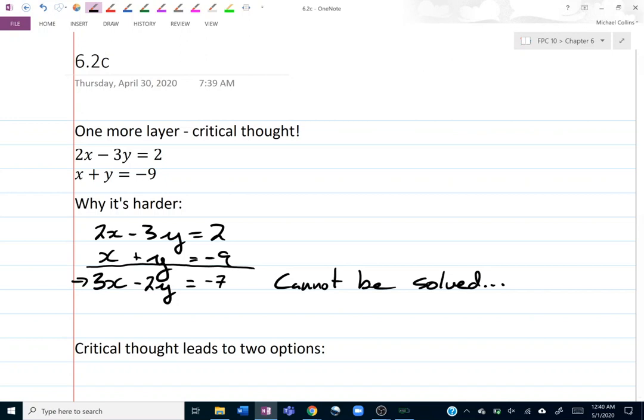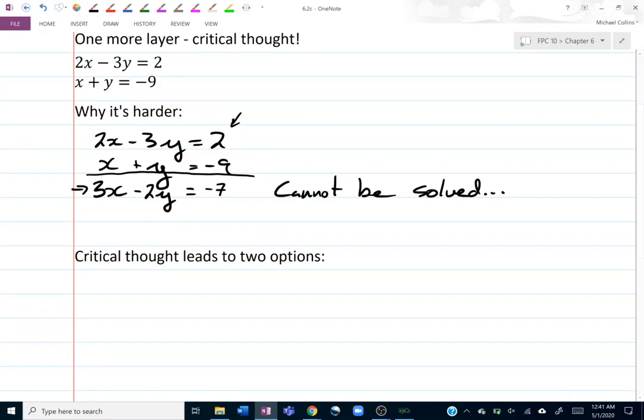But with a little bit of critical thought, we can still make this work for us. If you've just memorized a trick, it's a little bit harder. But if you remember that what we do to one side, we have to do to the other side, then we can use that again.